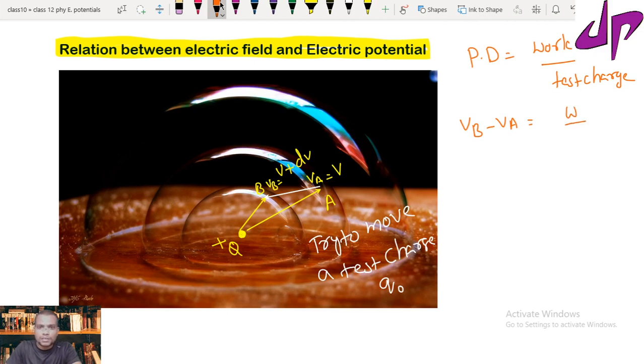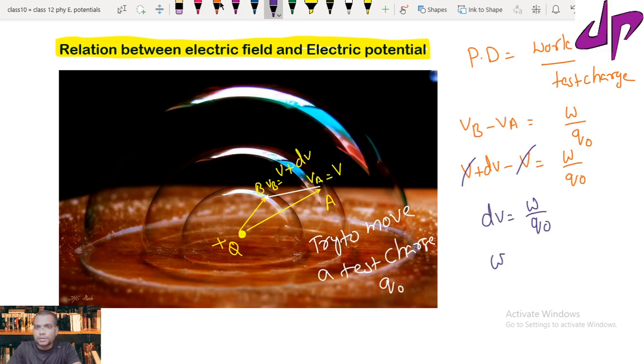The test charge I will take as Q naught. So substitute the values: VB is V plus dV minus the potential at A, which is V itself, equal to work done per test charge. So V cancels and we get dV equal to work done per test charge.